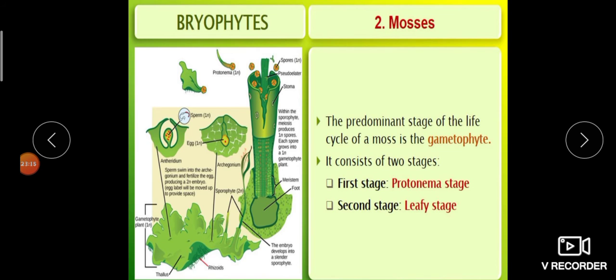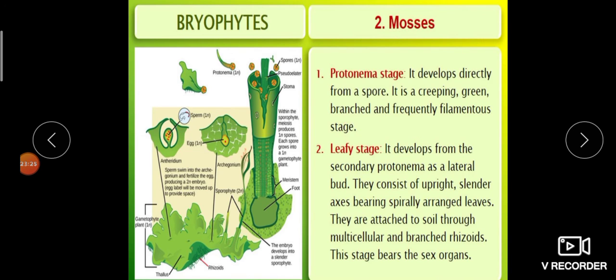Then there are two stages. The first stage is the protonema stage. The second stage is the leafy stage. What is the protonema stage? The protonema stage develops directly from the spore, and it is a creeping, green, branched and freely filamentous stage.